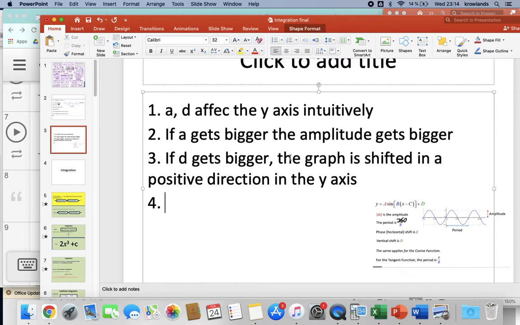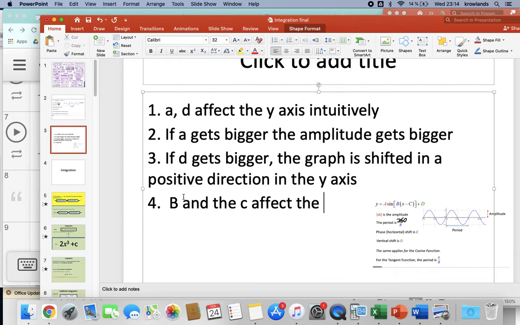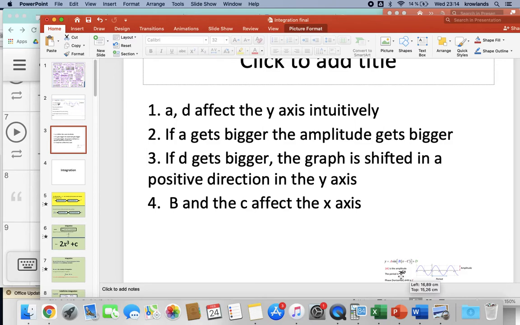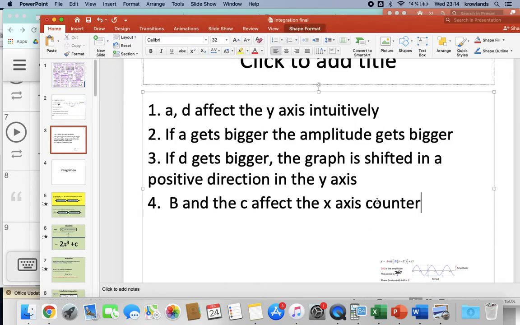So we're going to say that the B and the C affect the x-axis, but this time we're going to say they affect the x-axis counterintuitively. It's the opposite of what you would expect. So if we are going to change the B, we said the B is to do with the period.